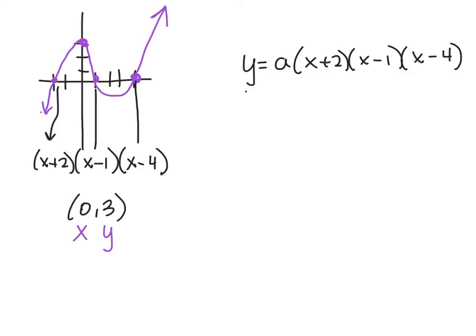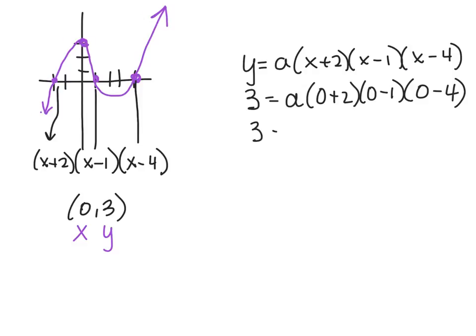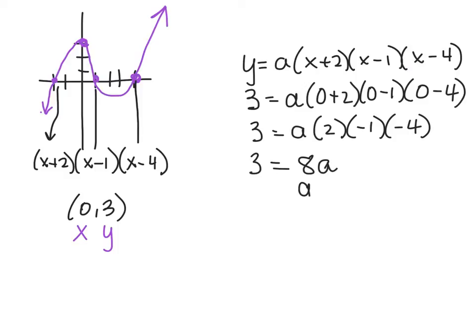So I'm going to plug in 3 equals, I don't have an a, but I have an x, an x, an x. And I'm going to now do those parentheses, so that's 2 times negative 1 times negative 4. This is going to get me positive 8. So a is going to be 3 over 8.